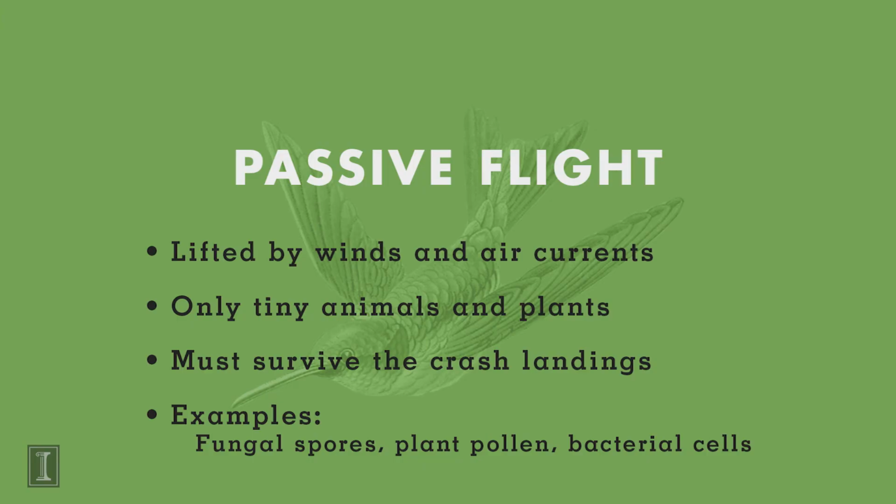So if you're incredibly small, you go back to the average diameter of a microbe being 1 micron in diameter. When you're that size, everything you're in, be it water or air, is extremely thick in a relative sense. So passive flight is the idea of organisms being extremely small and being suspended within these relatively thick media called water and air.